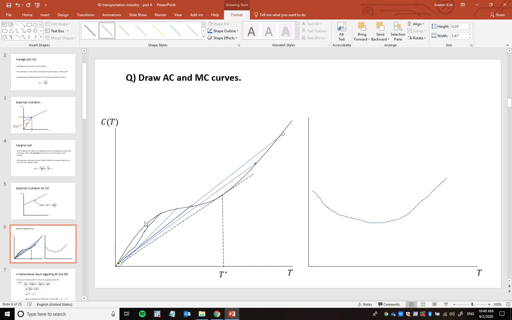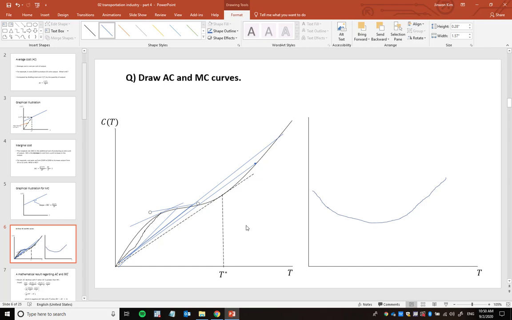Before T star, is marginal cost larger or is average cost larger? Marginal cost at this point is the slope of this cost curve, which is flatter than this line. Again, marginal cost is flatter here compared to this average cost, right? So before T star, marginal cost is less.